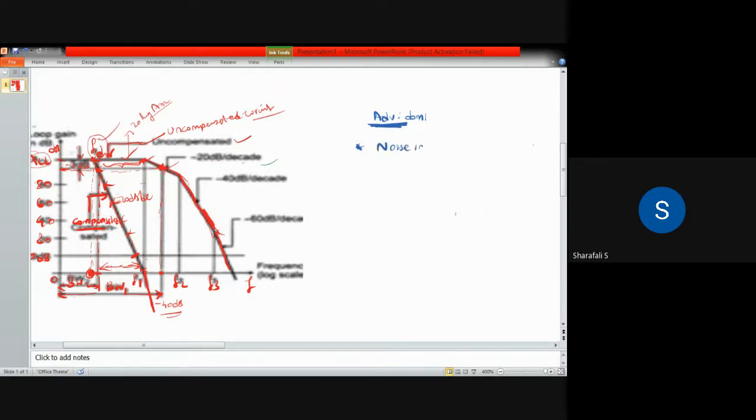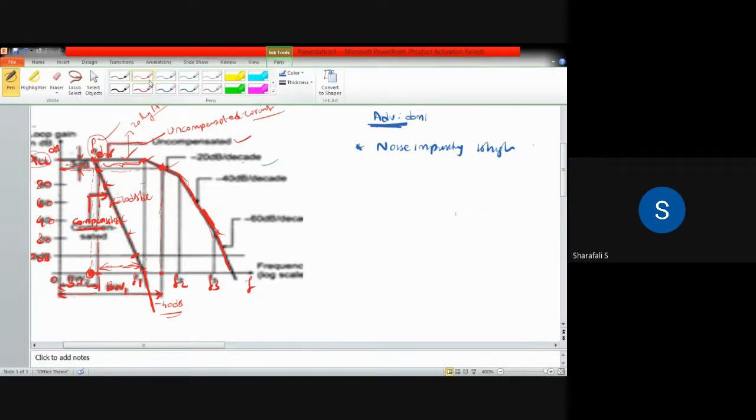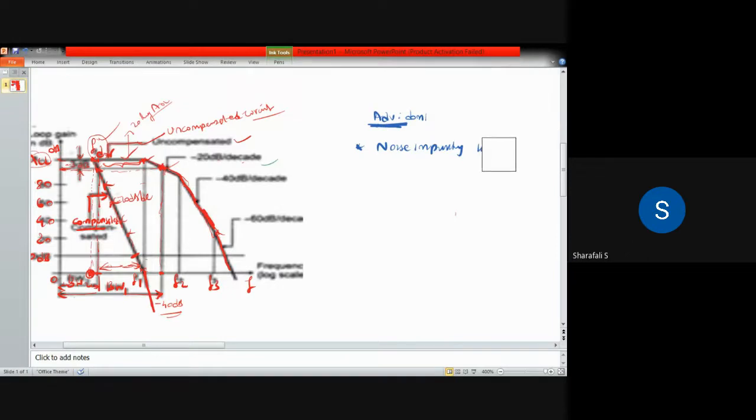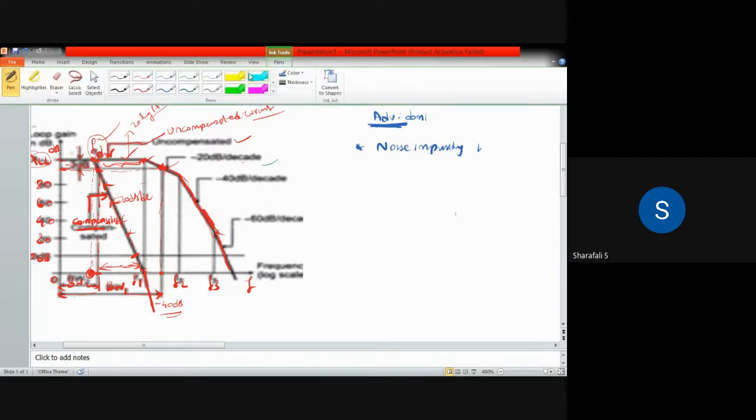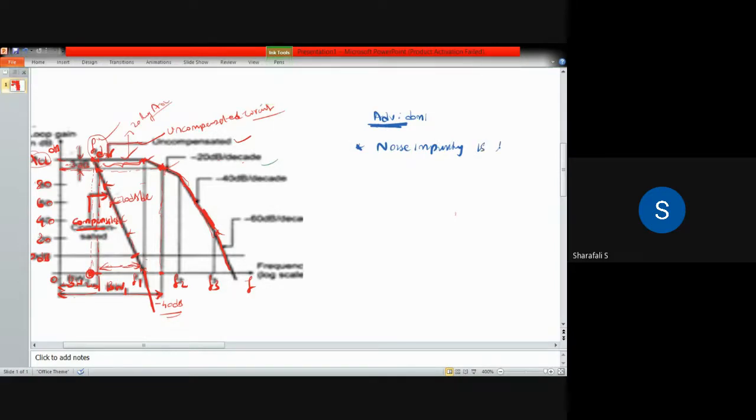We can say noise impedance is high, in this case, because our bandwidth is small and normally the noise frequency components will be outside of this particular band. So because of that, noise impedance is high, which means that the noise will be low. I'm just pointing out two important advantages. You can search for further advantages of this dominant pole compensation.